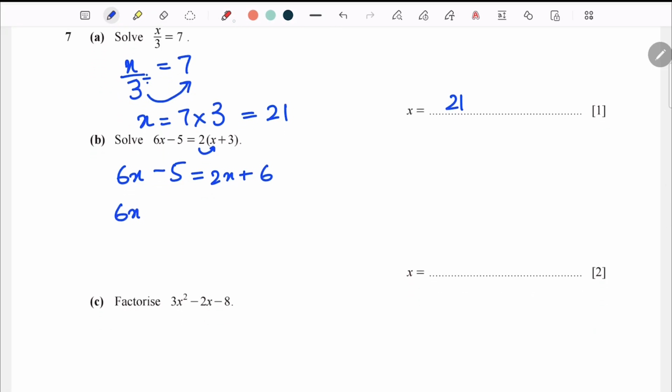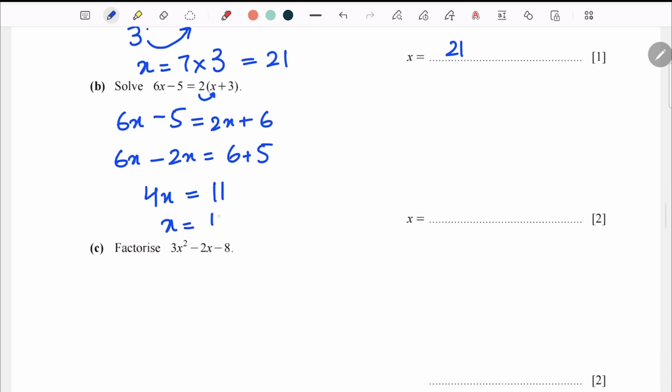The 2x is positive, so it will shift to the other side and become negative, and this 5 when shifted to the other side will become positive. So 4x is equal to 11. Final answer for x would be 11 divided by 4.